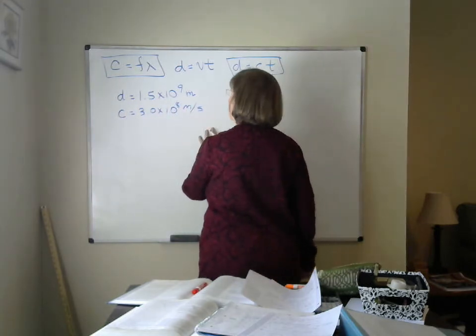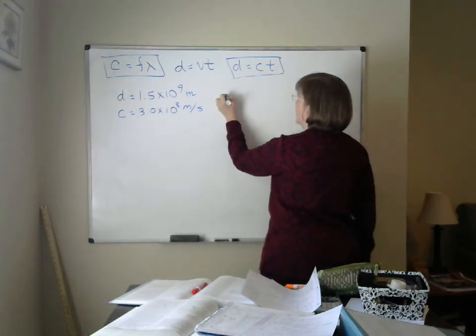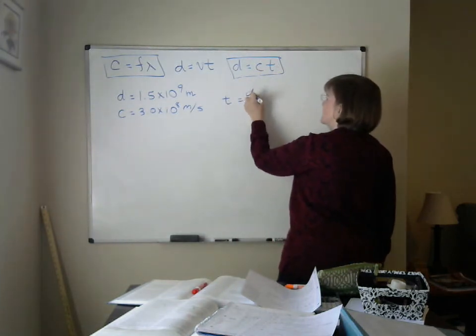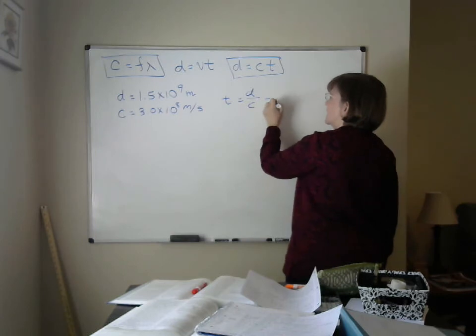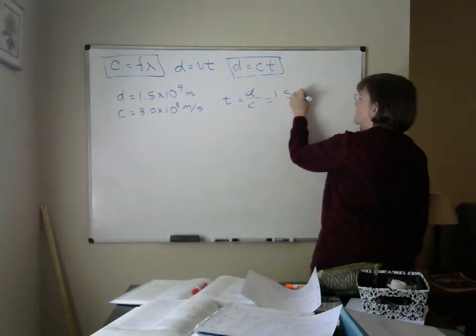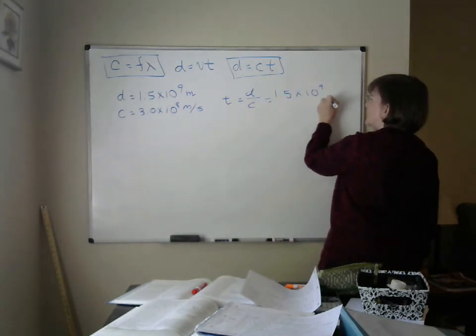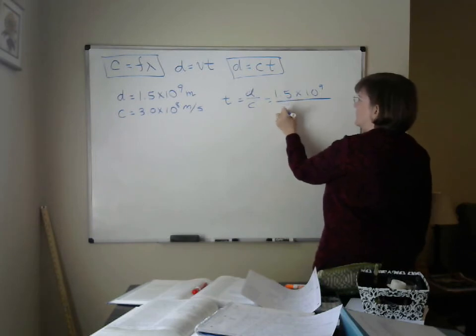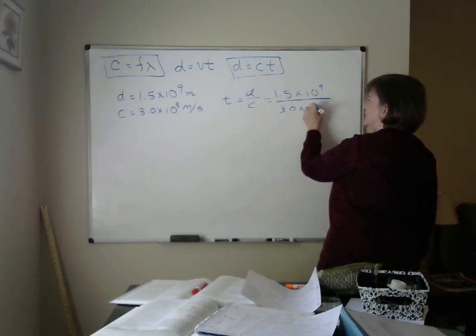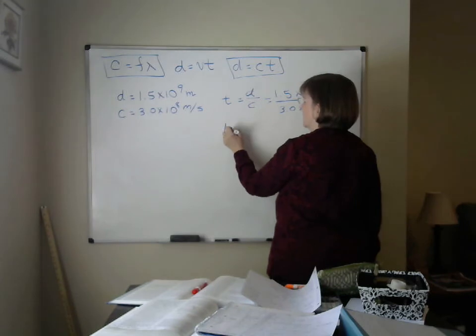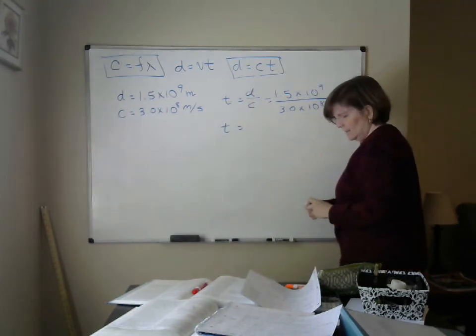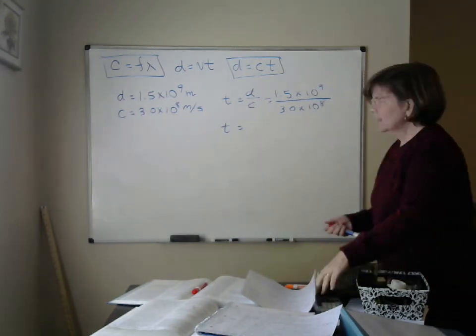So the time, if I solve this for time, is going to be the distance divided by c, in this case 1.5 times 10 to the 9th over 3.0 times 10 to the 8th. And let's see how long that's going to take.